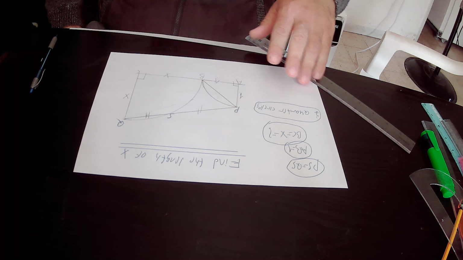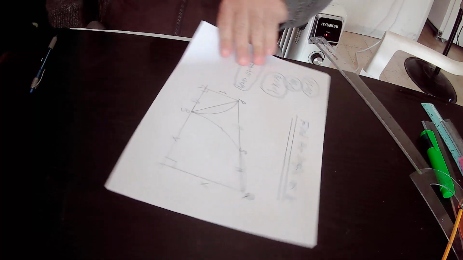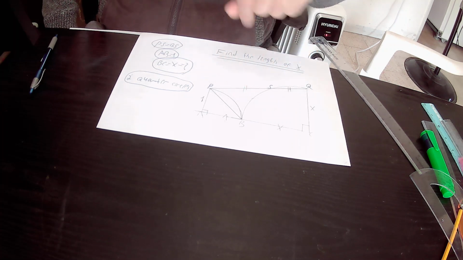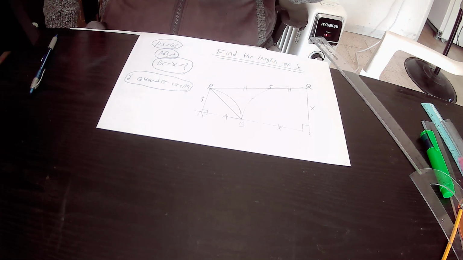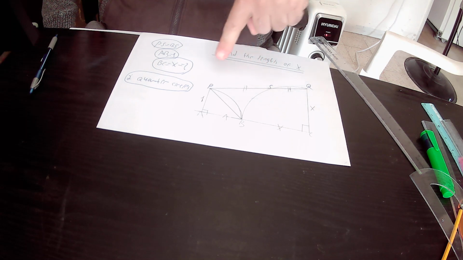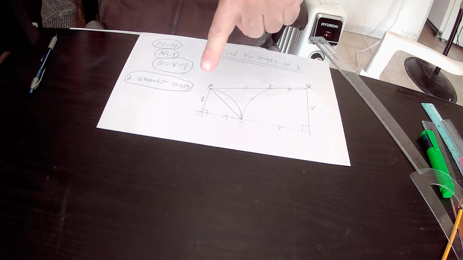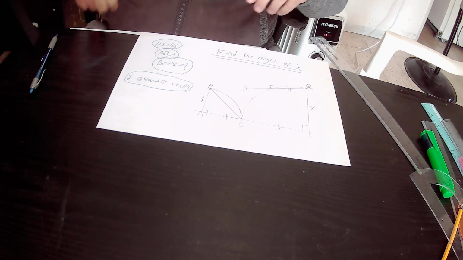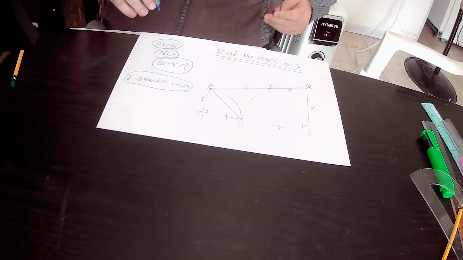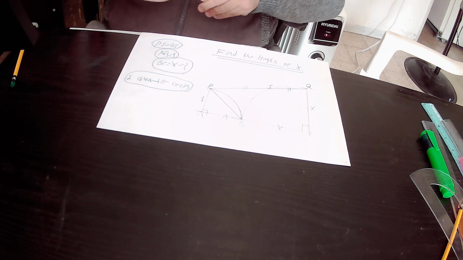So we have here the right triangle, triangle PAB. In the right triangle PAB, according to the Pythagoras theorem, PB square equals PA square plus AB square. I'll copy the right triangle PAB in the new page and we implement the Pythagoras theorem.